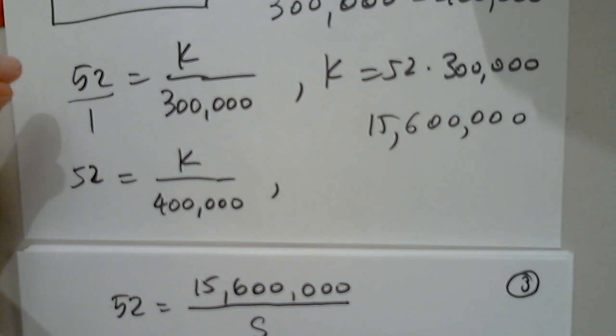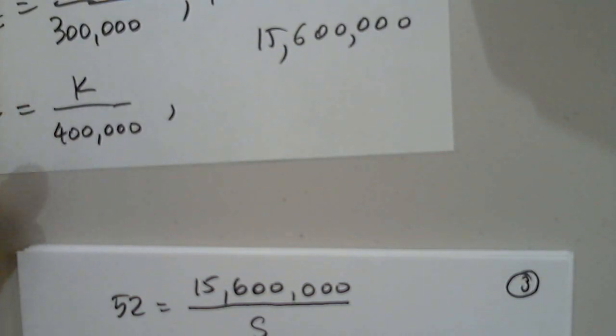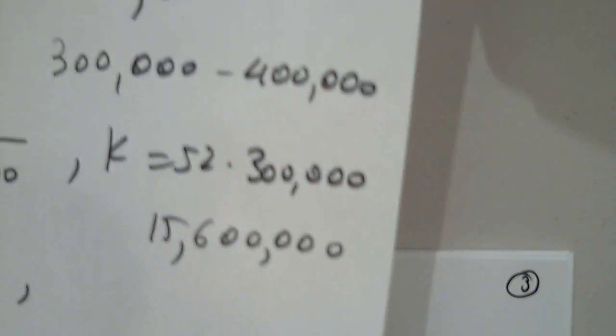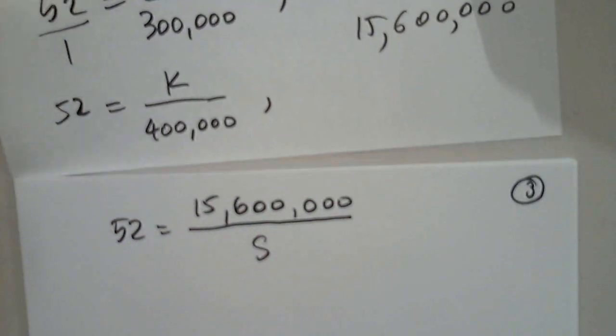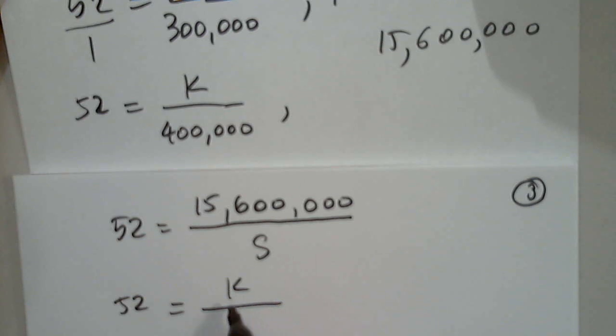Let me share my screen again. So 52, greater than 350. Okay, so I have to find K with 350,000. Sorry about that. So 52 equals K divided by 350.